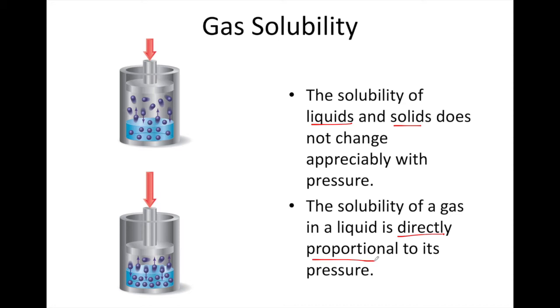As you can see over here in the figure, if we increase the pressure, we're essentially forcing down on the piston, increasing the internal pressure. Then the solubility of the gas will increase. We'll get more gas dissolved in the liquid, and vice versa.